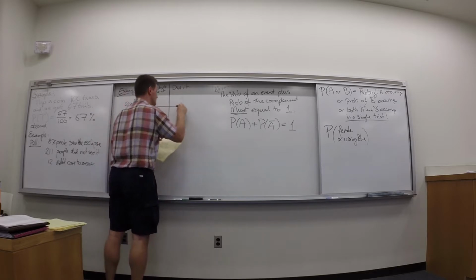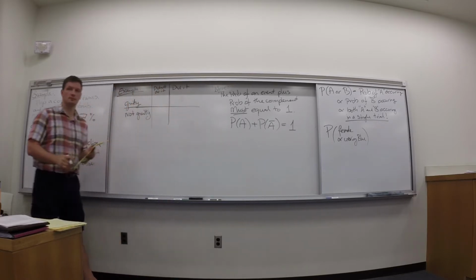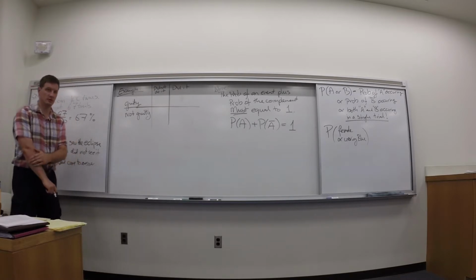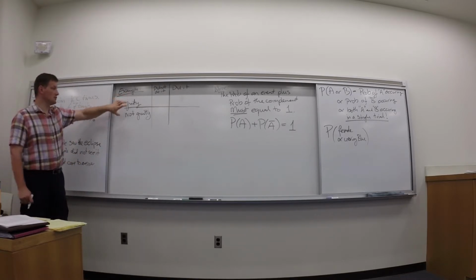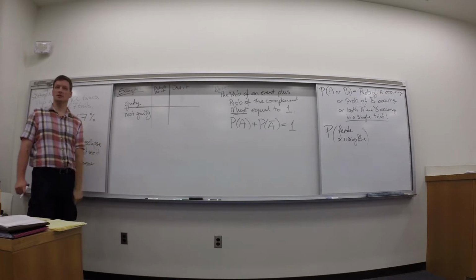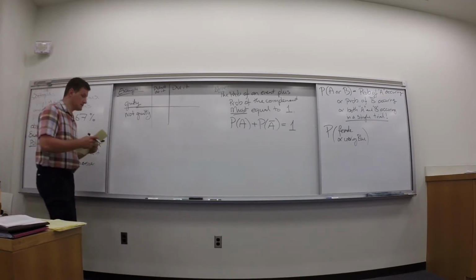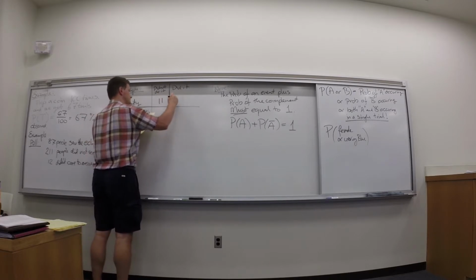Let's say we have a courtroom, and we divide people into the following sets. We have guilty, not guilty, and didn't do it, and did it. Whatever they did, they're guilty, fine enough. And we have some numbers.